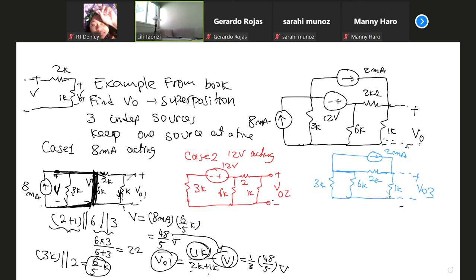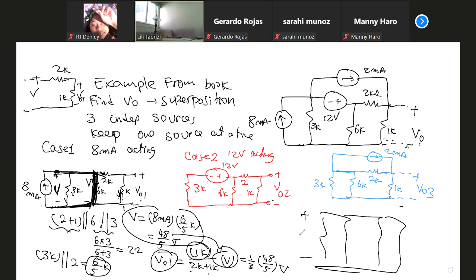So first, I'll do it in 2 steps. First, I find the total voltage V by combining everything. That's the total voltage across the current source. Then I move that voltage because everything is parallel.